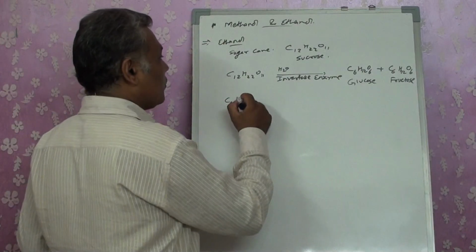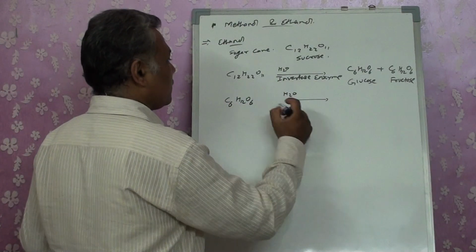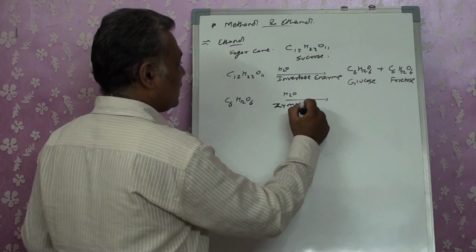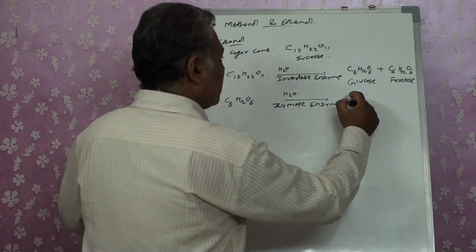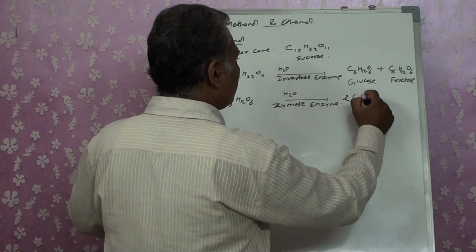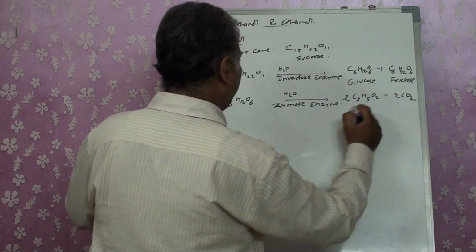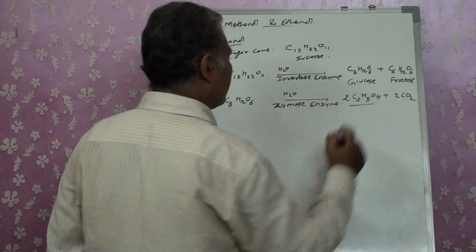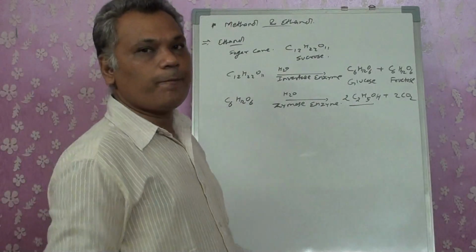When this compound is further taken and hydrolyzed in the presence of zymase enzyme, we get it converted into C2H5OH plus 2CO2. So during this, we get alcohol, right? Ethanol is produced.